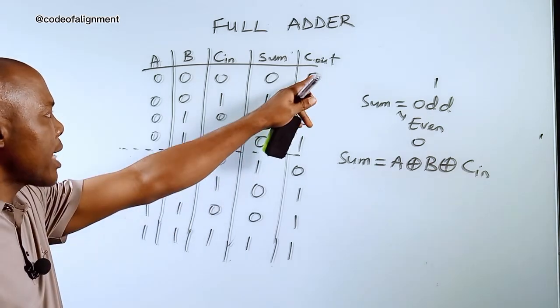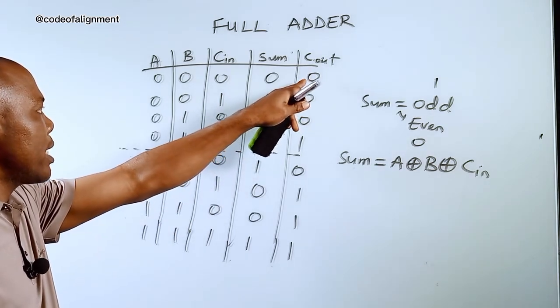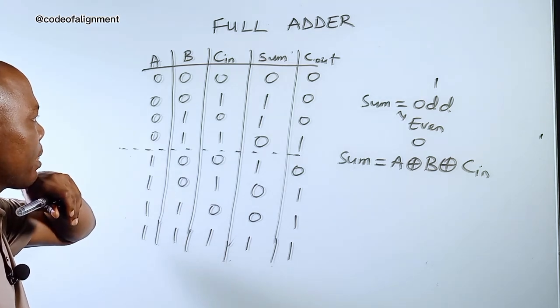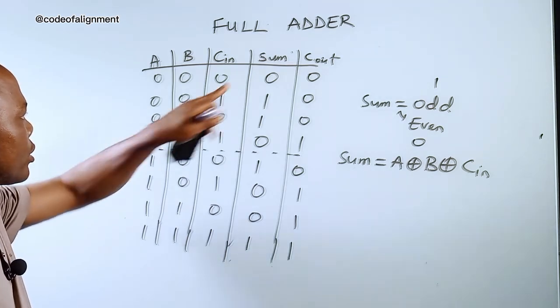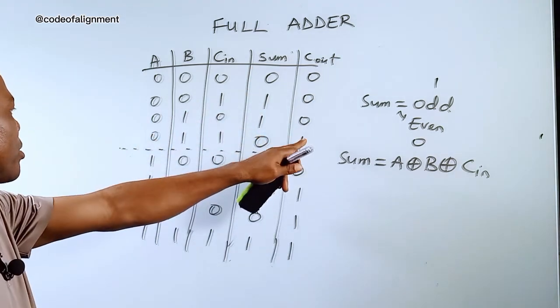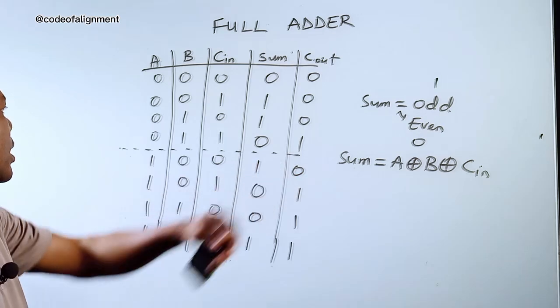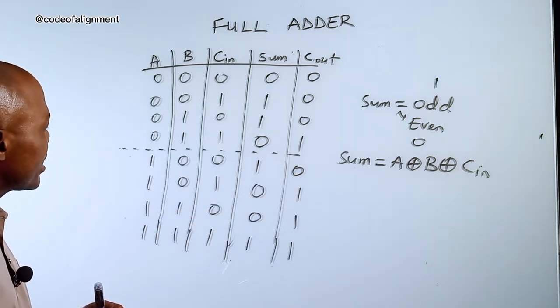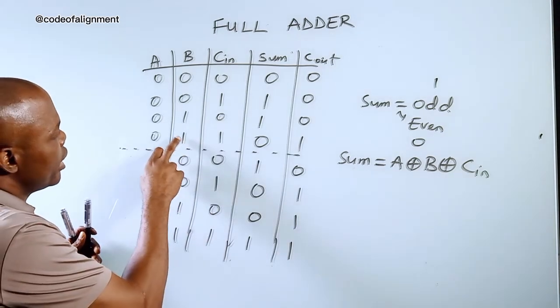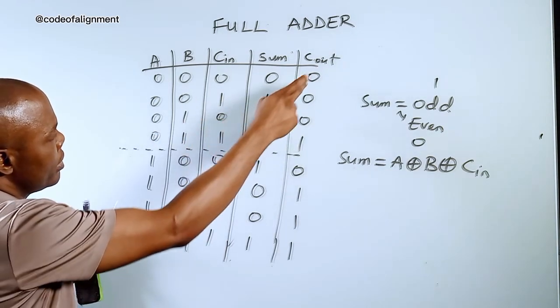Now, if you look at this count, you will notice something is happening here. Sum is looking at odd and even for the input, while count is looking at at least 2 inputs being 1. If you look at this place, only 1 input is 1, output is 0.